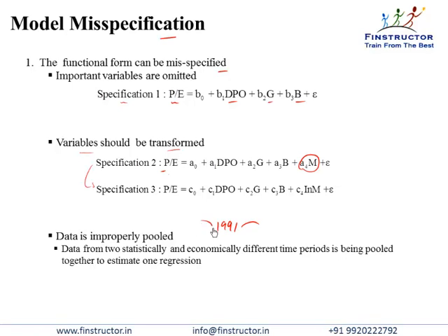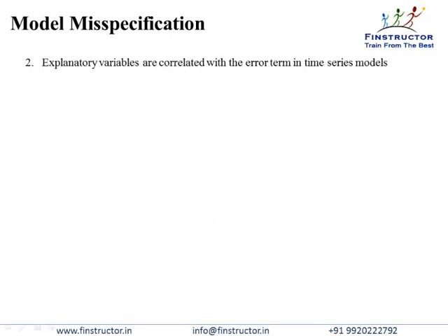So if we are doing a regression for GDP growth and we are pulling in the last 50 years of data, then that will be a problem of improperly pooled data, because the economic relationships have changed. We should estimate two regressions, one for data between 1970 and 1991 and another regression for data between 1991 and 2013. So that's the problem when the functional form is misspecified.